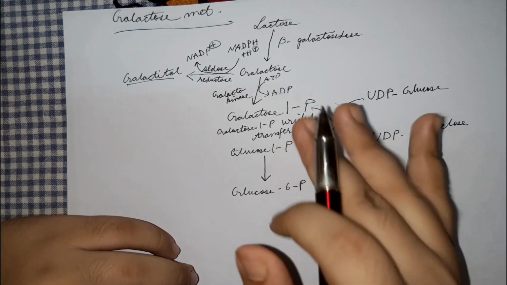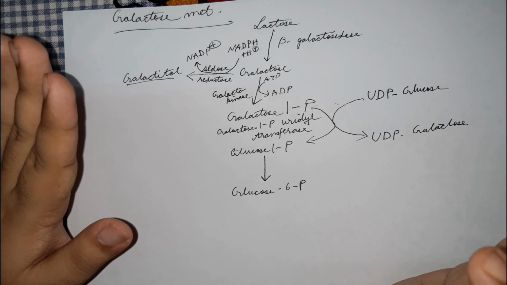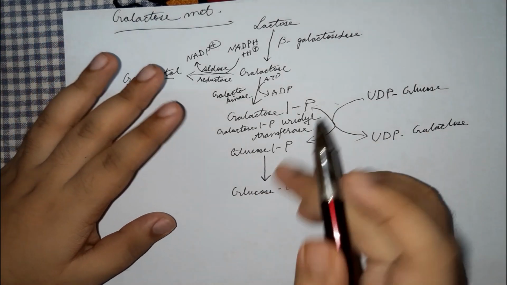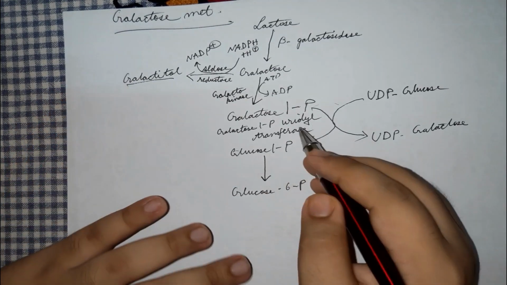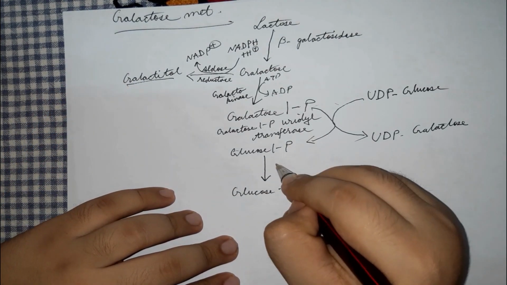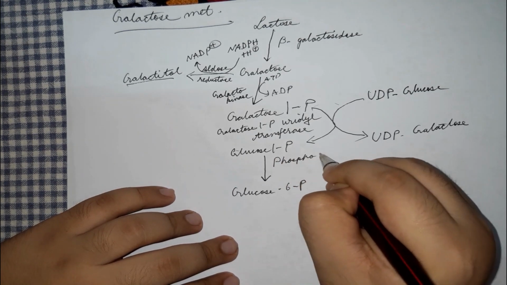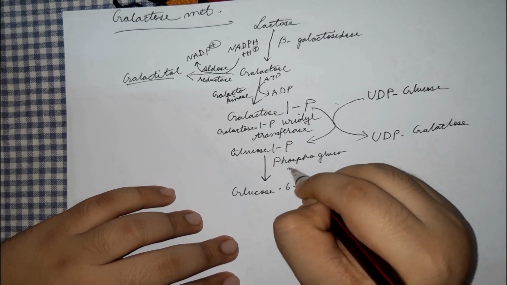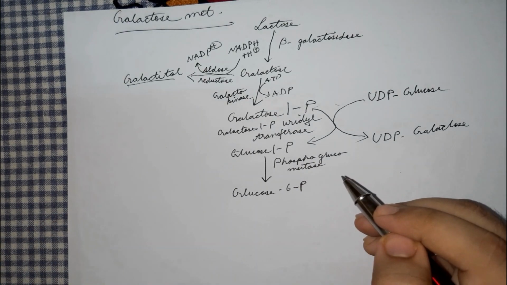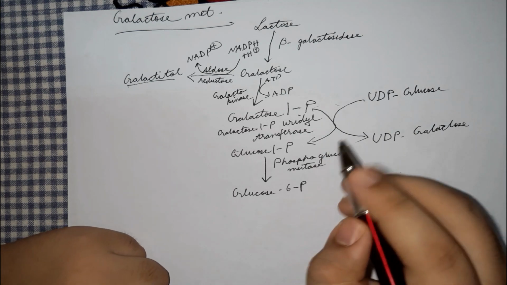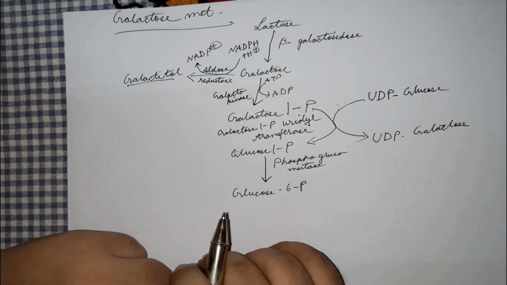We have done this thousands of times before. 1 to 6. Very good. Mutase. This is phosphoglucomutase, the enzyme which facilitates glucose 1-phosphate to glucose 6-phosphate conversion.